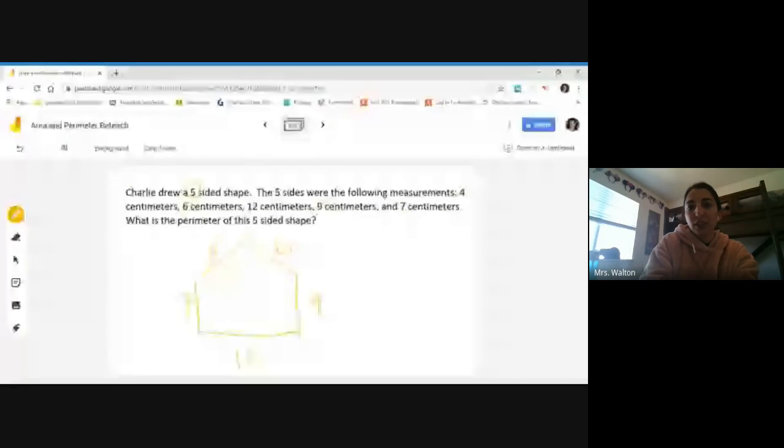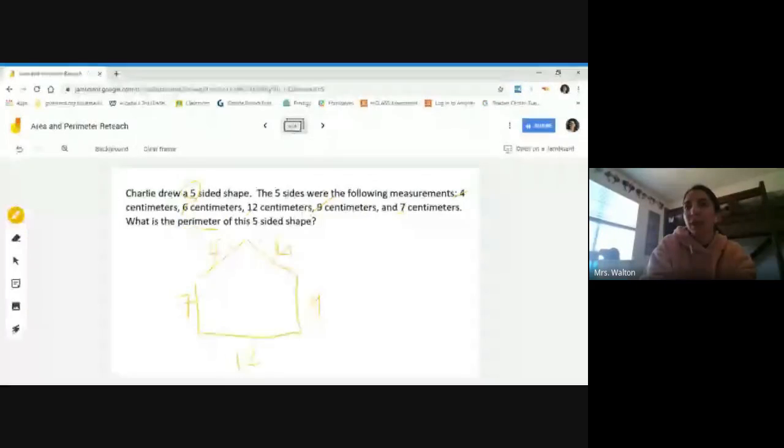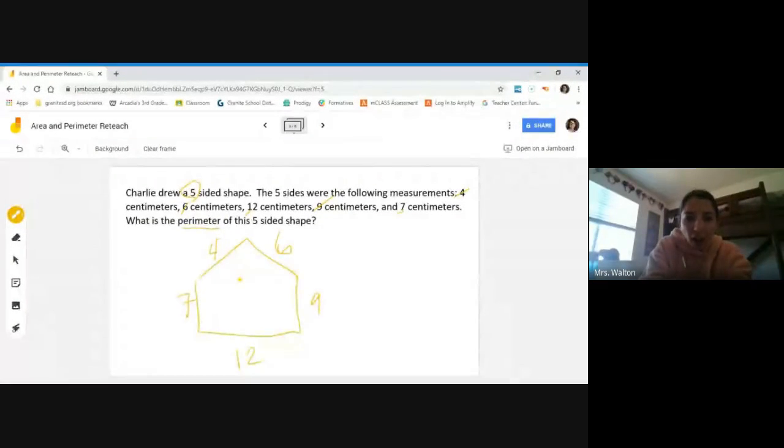And now I need to find the perimeter. So perimeter means that you are going to add them together. I see these two numbers right here can make 10. So I've got 10 plus 12 is 22. Geez, my pen doesn't want to work. So we've got these sides taken care of to add.